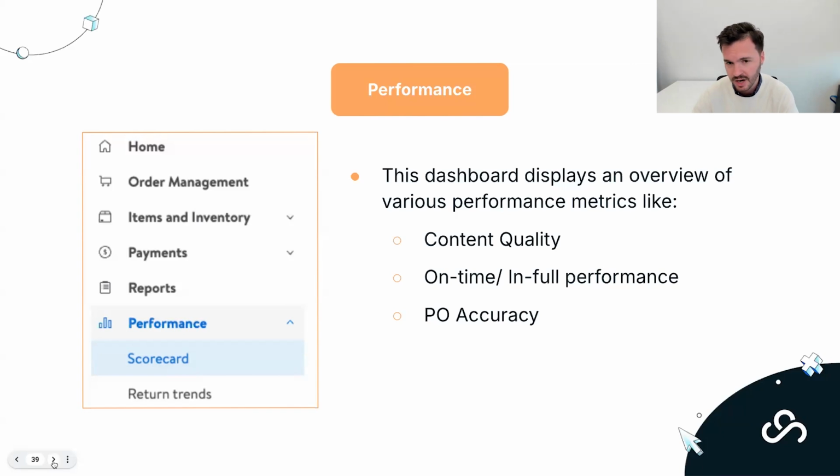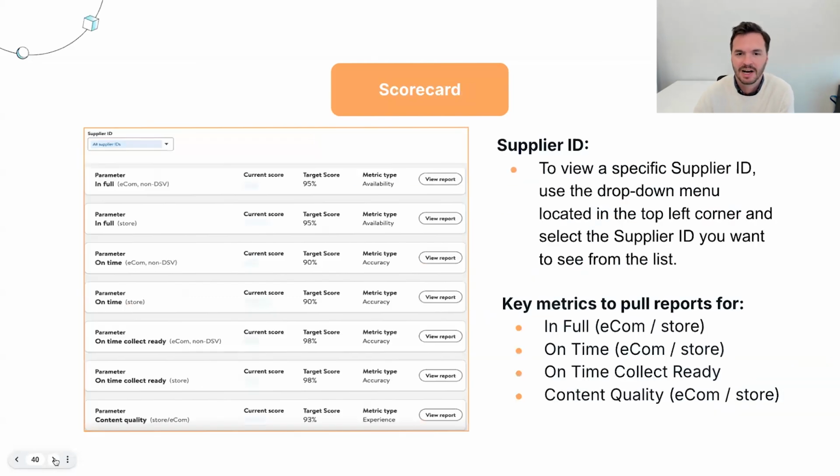So it's kind of a hodgepodge of different performance metrics. But the main thing they're talking about is your item detail content quality, your OTIF performance, and then PO accuracy is also talked about in terms of the first phase of the Supplier Quality Excellence program. So that's kind of living here too for now.